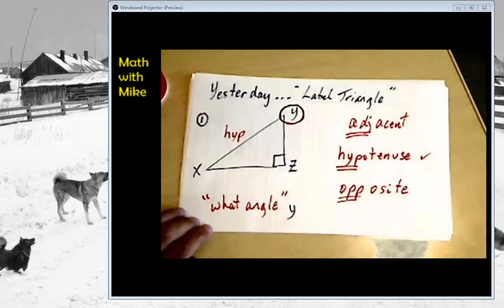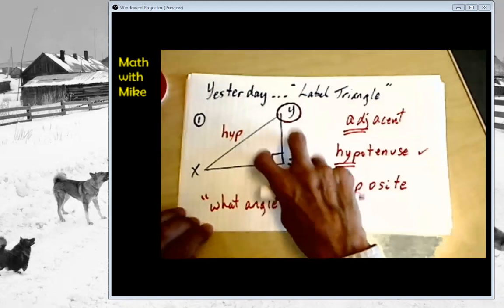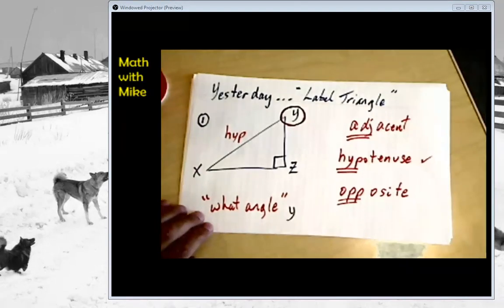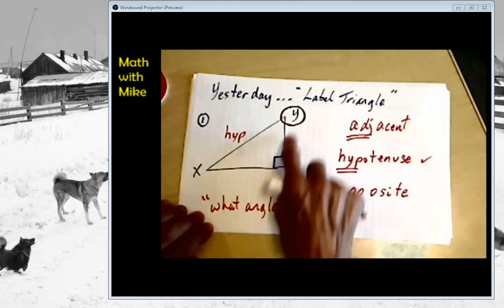The opposite side, the adjacent side, which one's which? Y and Z. Yeah, if you're in Canada, Zed. YZ is what? Opposite?